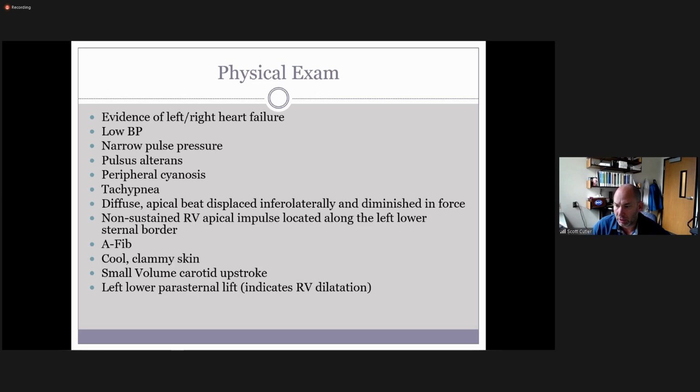Small volume carotid upstroke. So if you're palpating the carotid pulses, it might be a little bit weak. Left lower parasternal lift indicates right ventricular dilation. And again, that's just them palpating the chest and the heart.